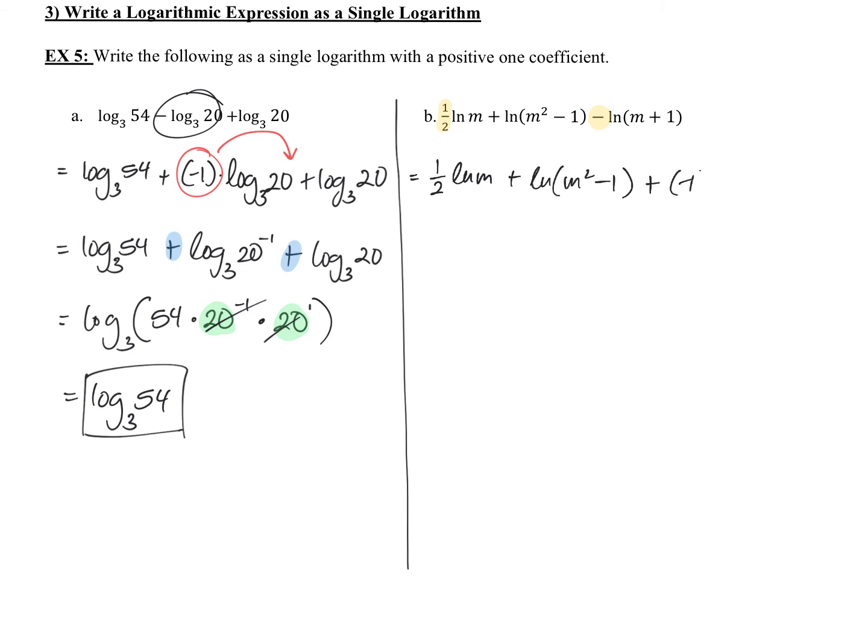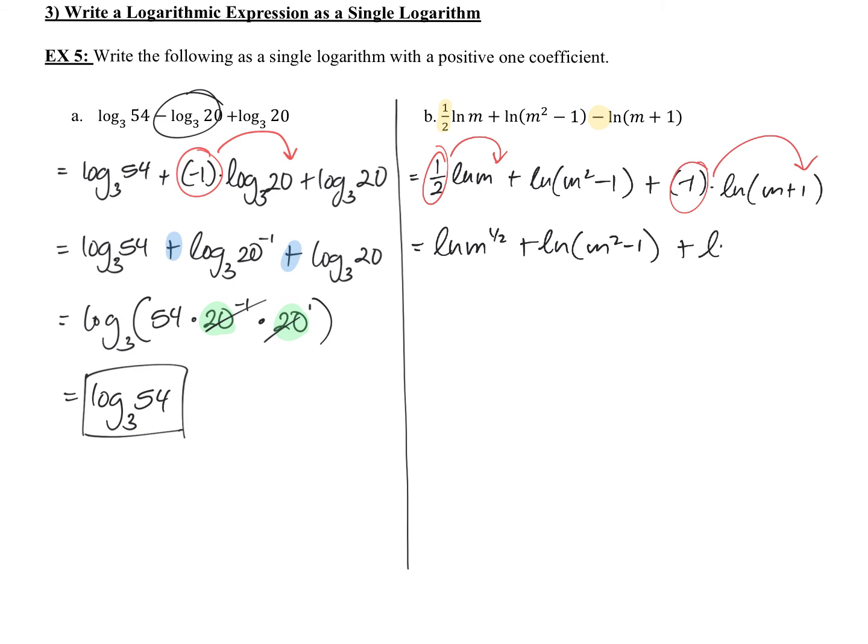So plus the -1 times the natural log of m plus 1. Then I'll move the exponents up. And we get natural log of m to the 1/2 power plus natural log of m squared minus 1 plus the natural log of m plus 1 to the -1 power.